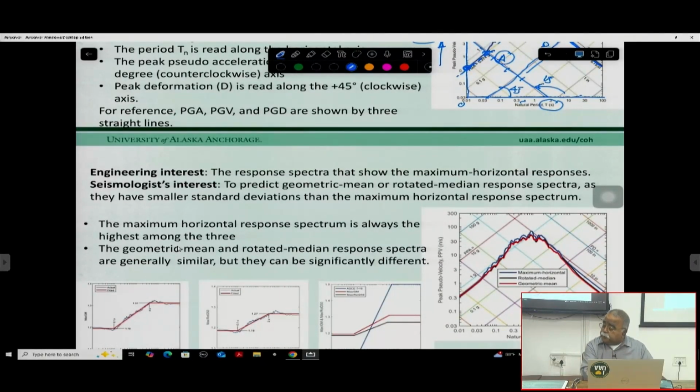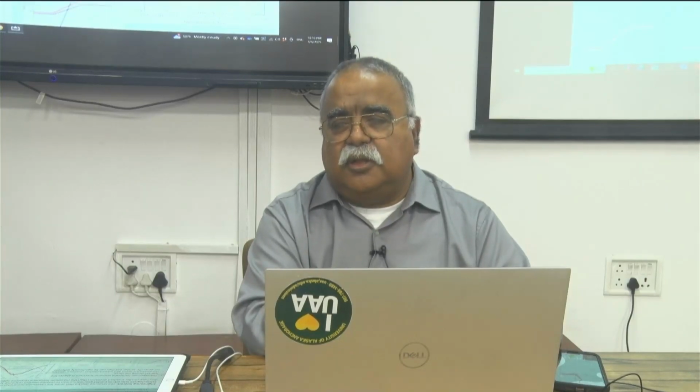So this response spectrum that shows the maximum horizontal response is basically of interest to the engineers, and seismologists are interested in calculating the horizontal response spectrum, particularly to compute the earthquake hazard based on the horizontal response spectrum value.